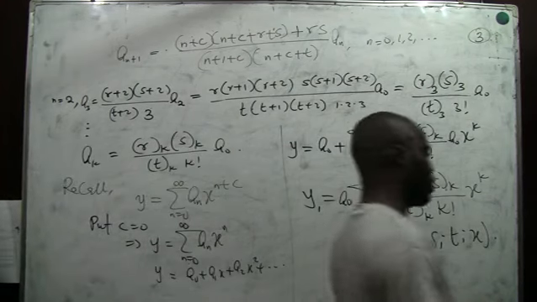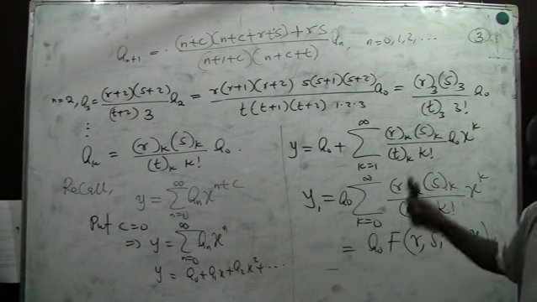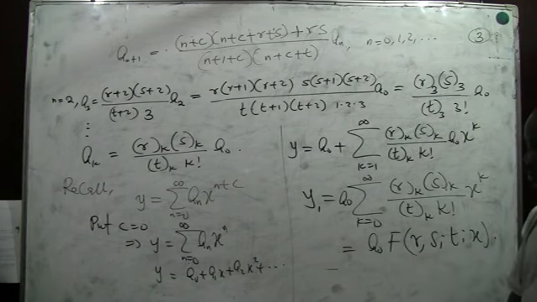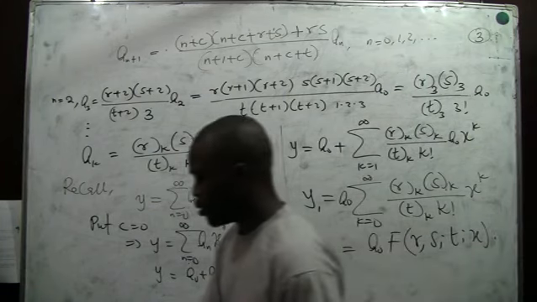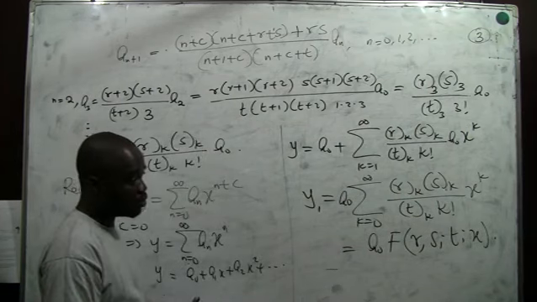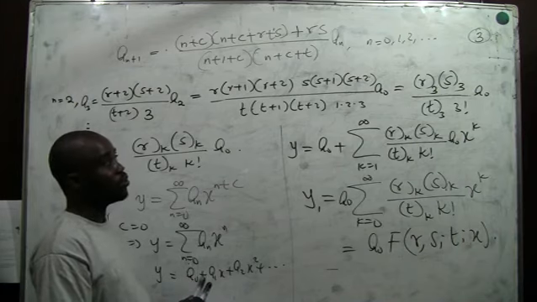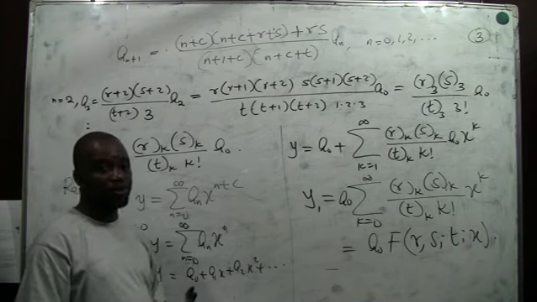And this solution is referred to as the hypergeometric function, as explained earlier in the class. I want to believe my viewers are following with the steps that we are taking as far as the solution of the hypergeometric equation is concerned.